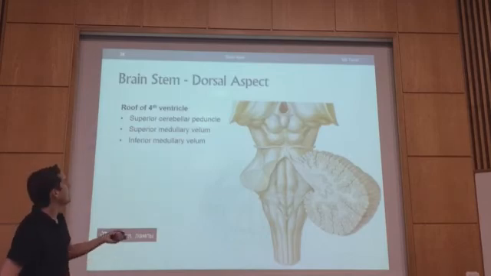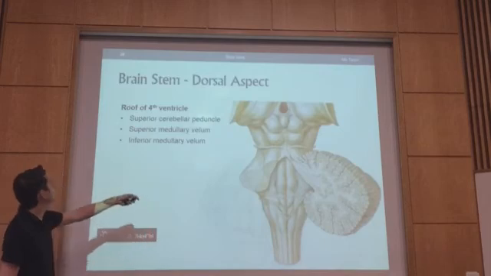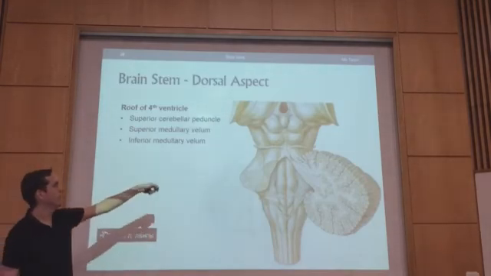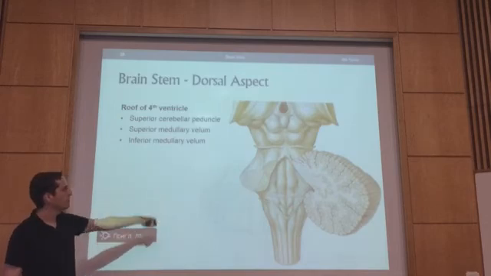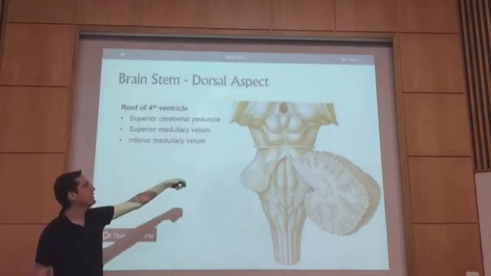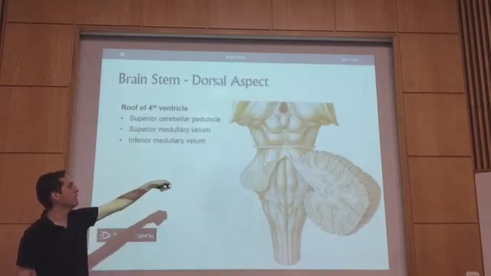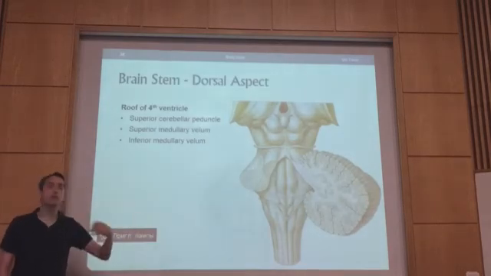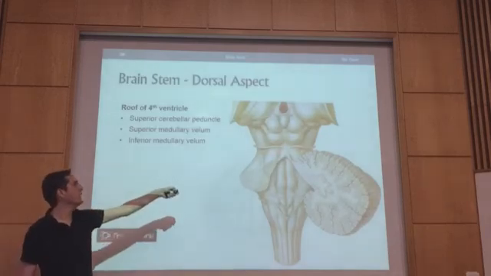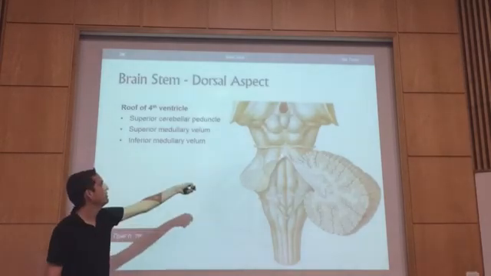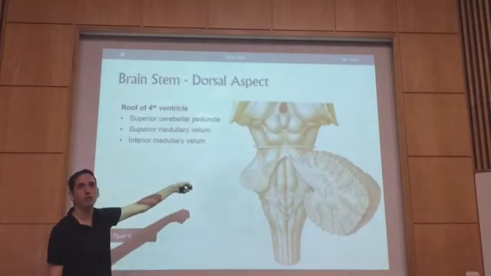You can see in this drawing the middle cerebellar peduncle coming from the pons. But here you can also see the superior cerebellar peduncle on its way to the midline. And between the two superior cerebellar peduncles, there's a velum, like a curtain. This is the superior medullary velum.